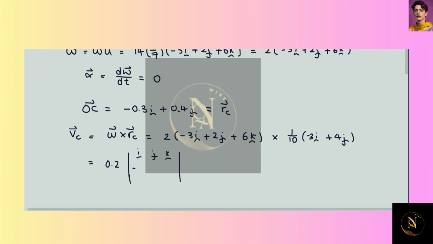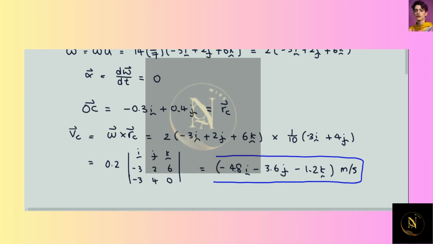The first vector is in the second row, and the second vector is in the third row. Doing this calculation, we are going to get minus 4.8i minus 3.6j minus 1.2k meters per second. This is the velocity vector at point C.